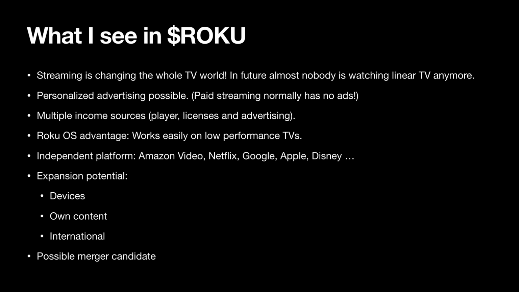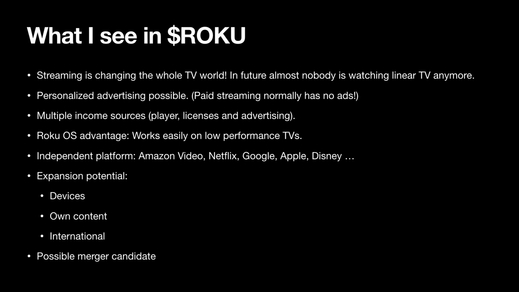Apple, for example, could be a better candidate because Apple does have its own hardware, but the hardware is very complicated, and I think Roku offers much more interesting hardware when it comes to that. But Apple can build new hardware on their own very quickly, so I'm not sure if they are really interested in that.